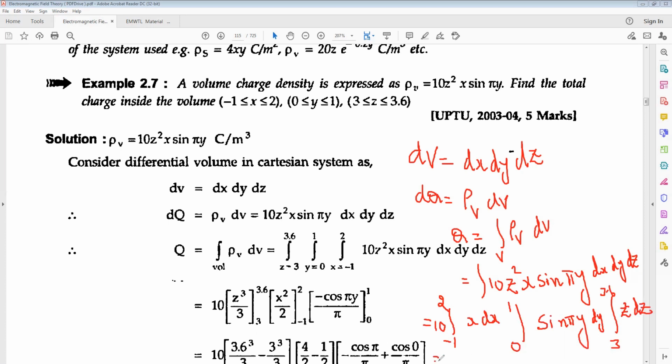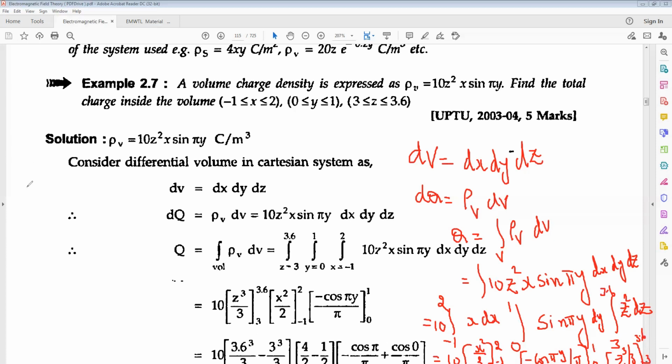Okay, my dear students. So that is equal to 10 multiplying with x square by 2, with lower limit -1 and upper limit 2, and the integral of sine is minus cos pi y by pi, because the y coefficient is pi, from 0 to 1, and z square is z cube by 3, with upper limit 3.6 and lower limit 3.